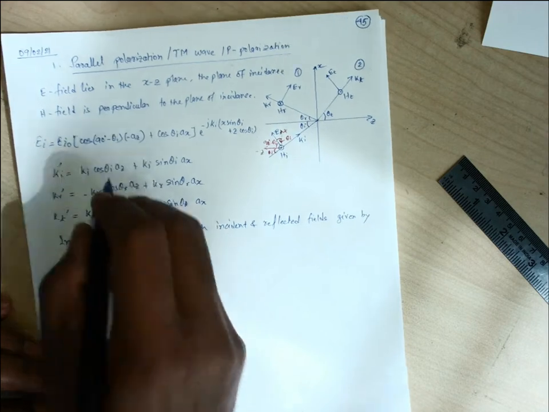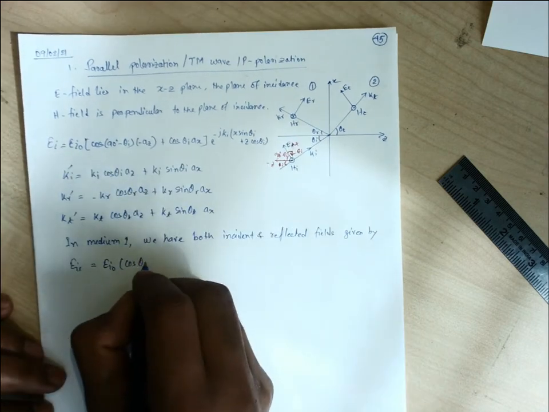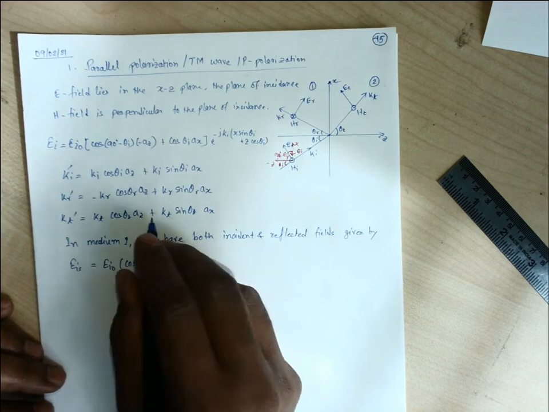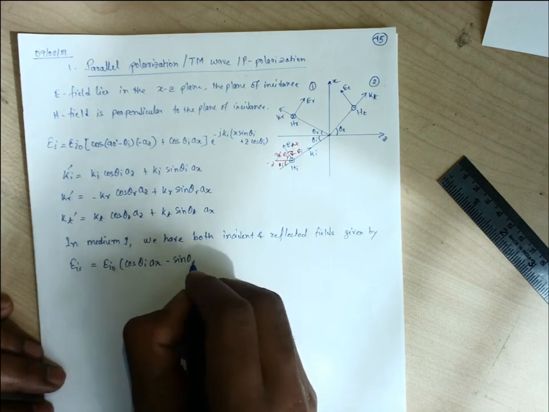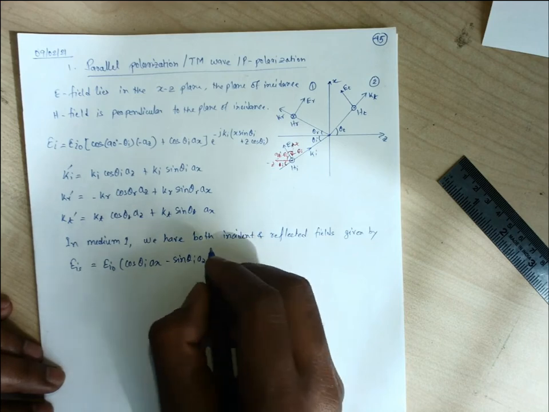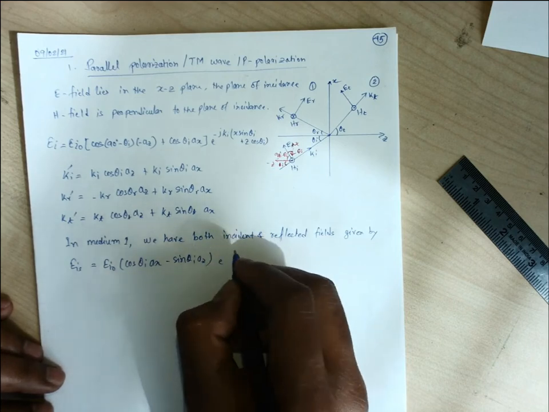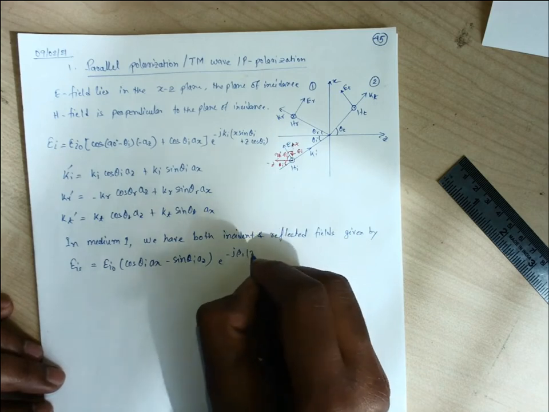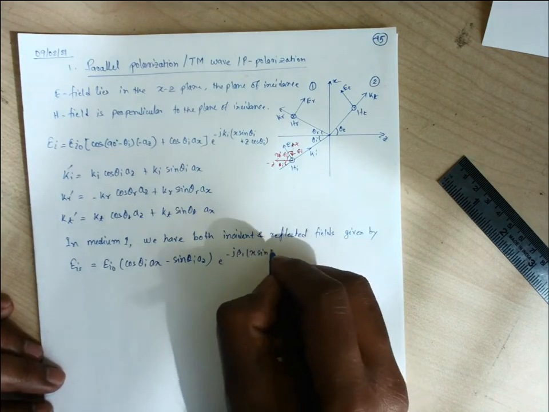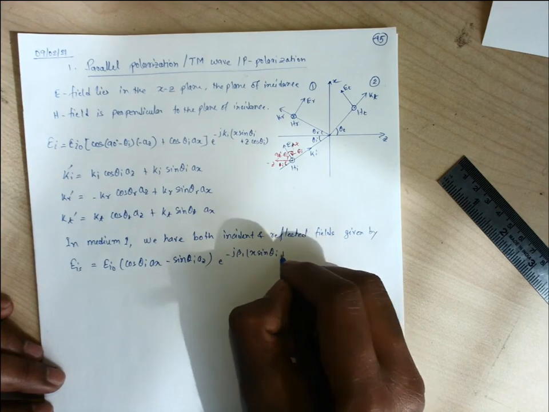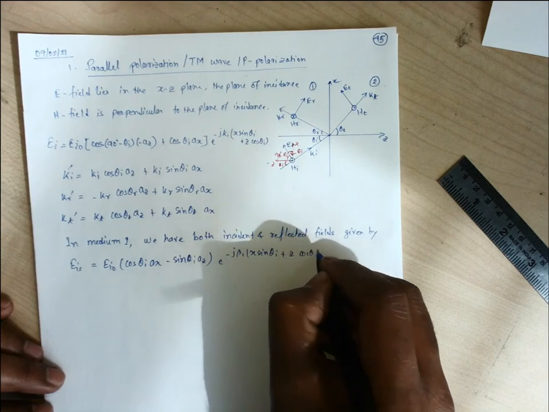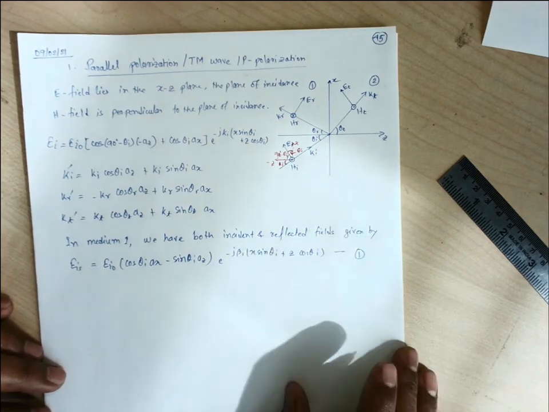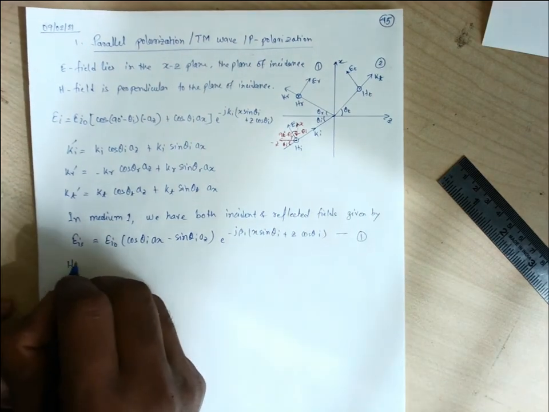It is cos theta I ax minus sin theta I az, e to the power minus j beta 1 (x sin theta I plus z cos theta I). Give equation number 1.